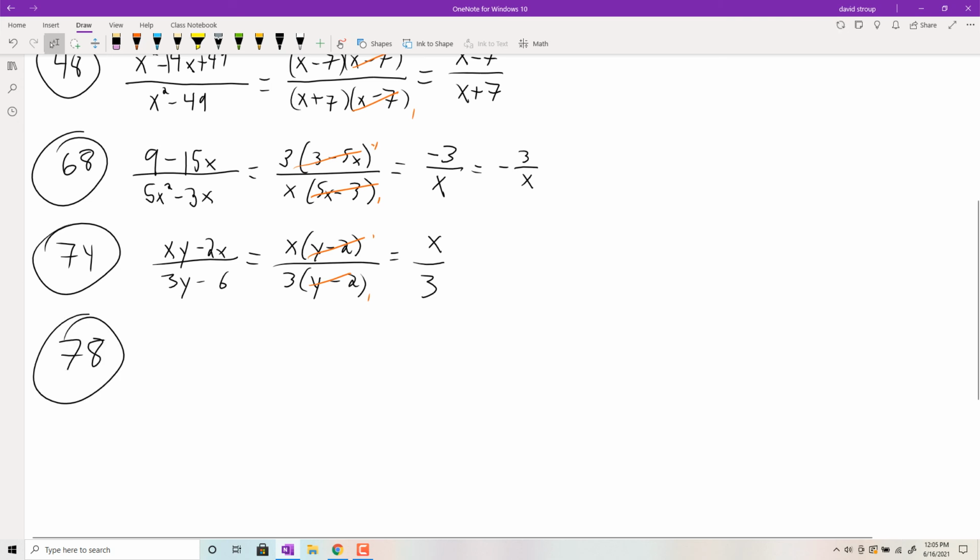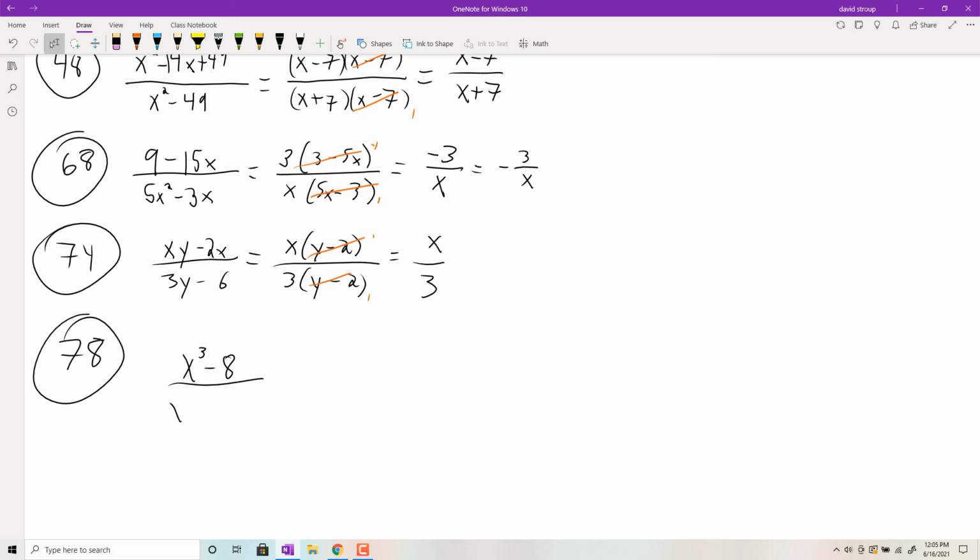78. We have x cubed minus 8 all over x squared plus 2x minus 8. And so that thing in the numerator is a difference of cubes. So if you want, you could identify A as x and B as 2. And we use the SOAP signs, so same sign, opposite, always positive.